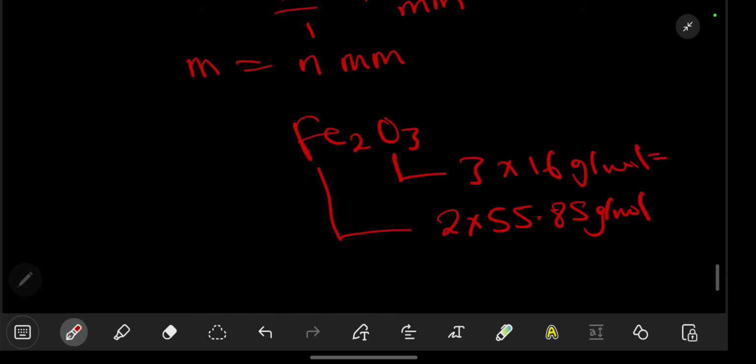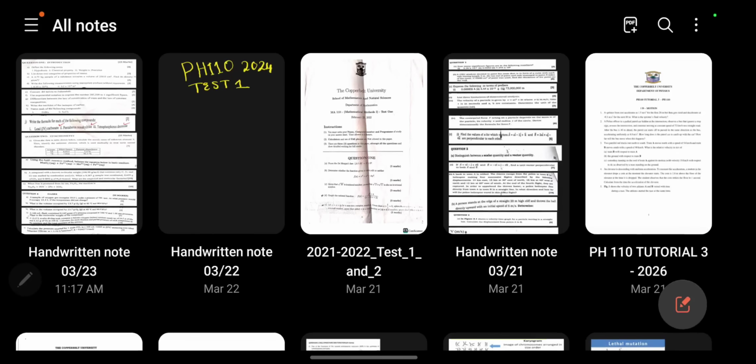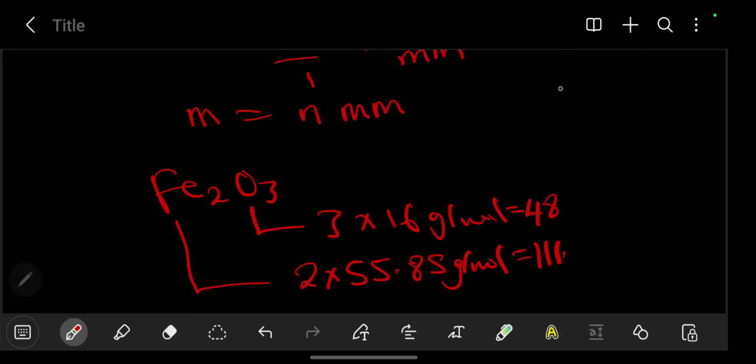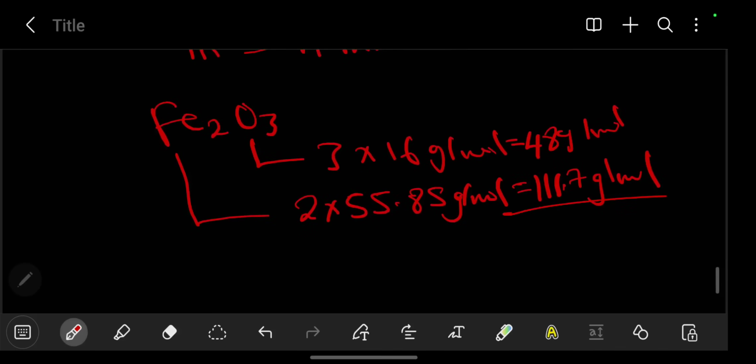So 3 times 16 is 48, then 2 times 55.85 is 111.7. Then we add them: 111.7 plus 48 gives us 159.7 grams per mole.